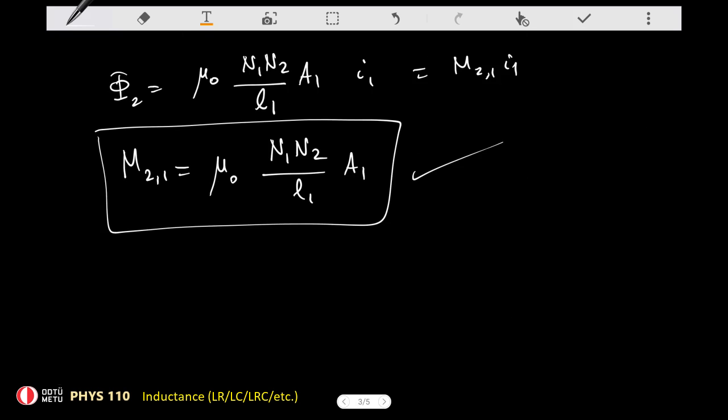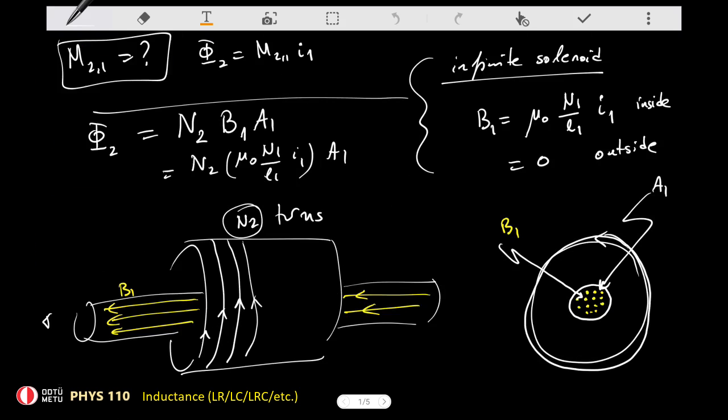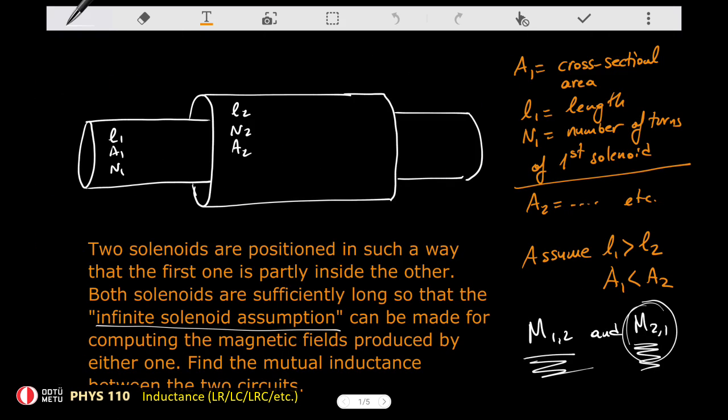As a result, this is a very nice problem that illustrates that the mutual inductance is actually the same either way around. If the outer solenoid affects the first solenoid, then the first solenoid affects the outer solenoid with the same strength. That's essentially what it means.